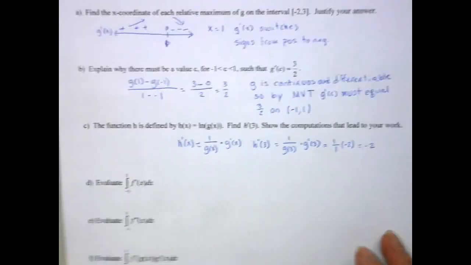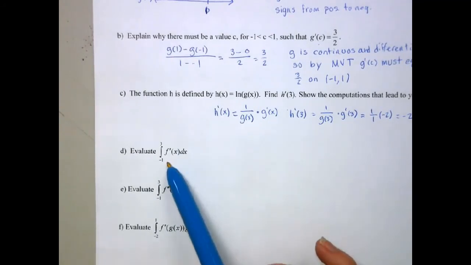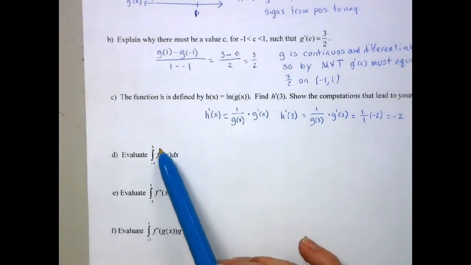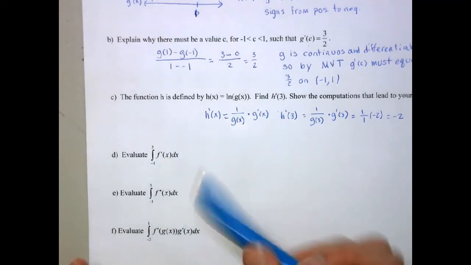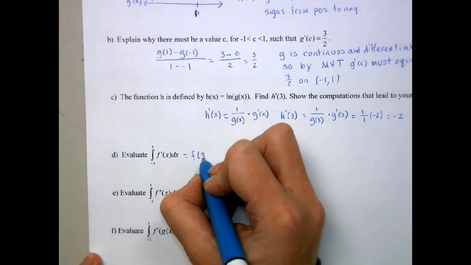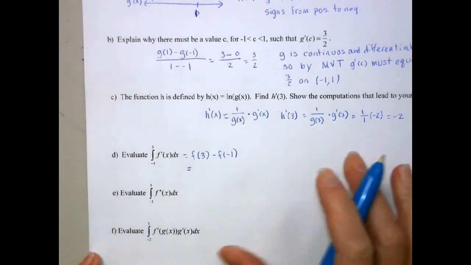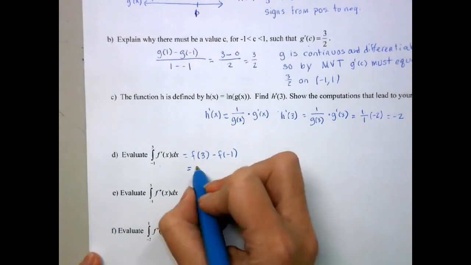All right, evaluate the integral from -1 to 3 of f prime. This is going to be the fundamental theorem, f of 3 minus f of -1. So from the chart above, f of 3 is 7, f of -1 is 8. So this is -1.